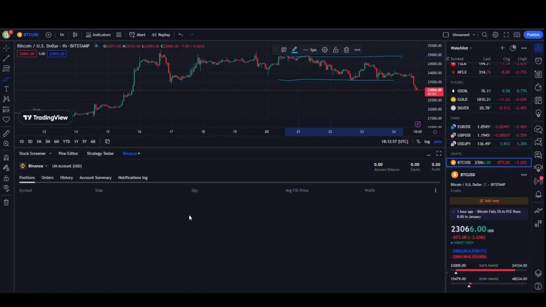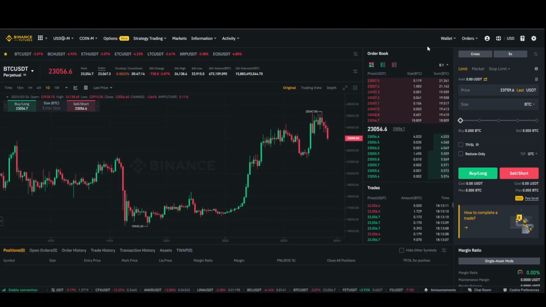Let's start. Last time I was here I said I would sign up for the Binance futures account. I have done that. This is the Binance futures part of Binance. As you can see here, Binance futures is different to the regular Binance trading page.